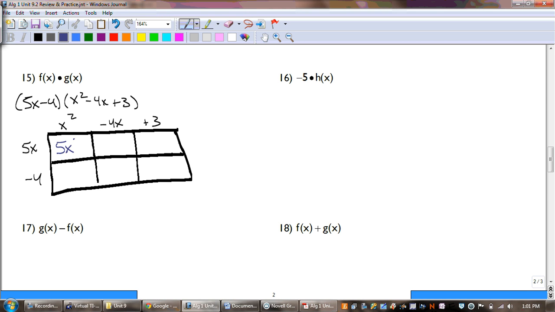First box should have been 5x cubed. Negative 20x squared. 5 times 3, 15. Then we get negative 4x squared. Negative 4 is a positive 16x.